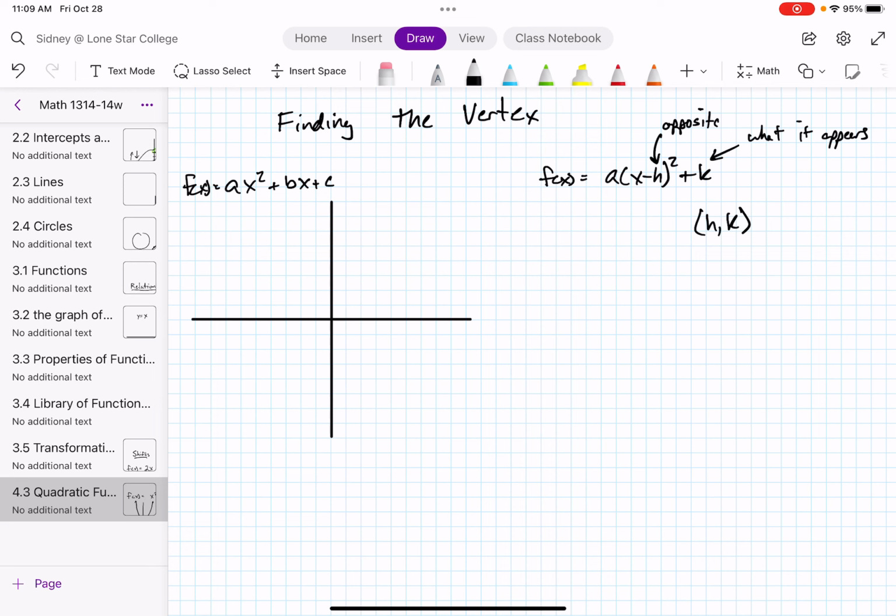Finding the vertex of a parabola in ax squared plus bx plus c form is not as simple and straightforward. When you look at the vertex of a parabola in this form, it helps to understand a few things to make sense of how we calculate it.